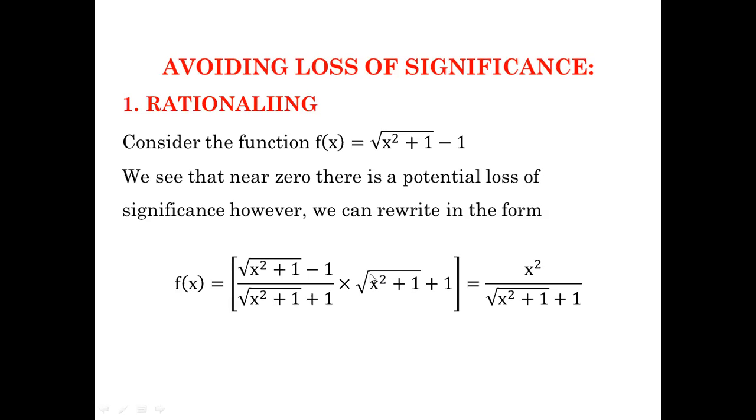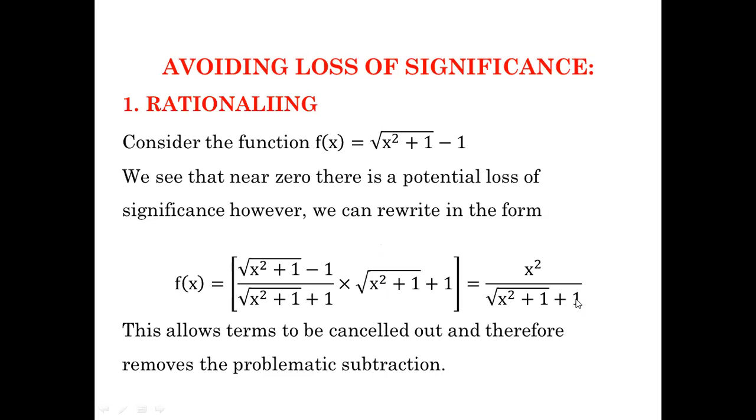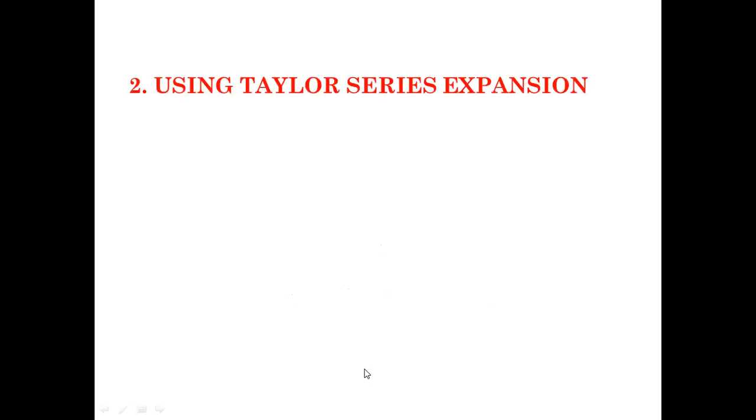The root and square get cancelled: x square plus 1 minus 1 square. Then minus 1 plus 1 get cancelled. After simplifying this, you get numerator x square, denominator root of x square plus 1, plus 1. This allows the terms to be cancelled out and therefore removes the problematic subtraction.